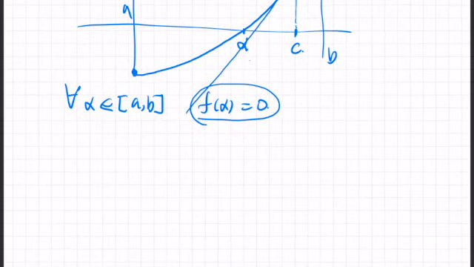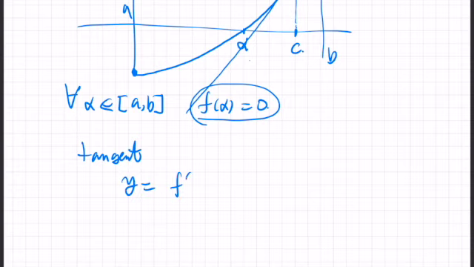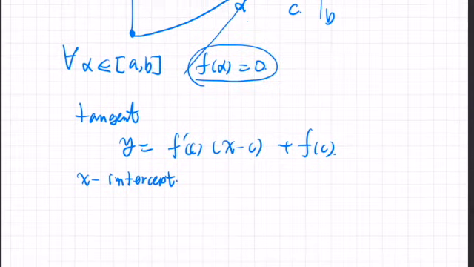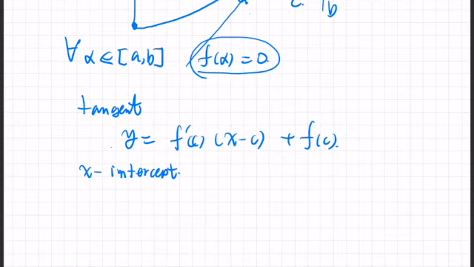And the equation for the tangent is f prime of c times x minus c, plus f of c. And now we find the x-intercept, so that is where the y-coordinate is 0. Let's call it c prime. The x-intercept is c prime.